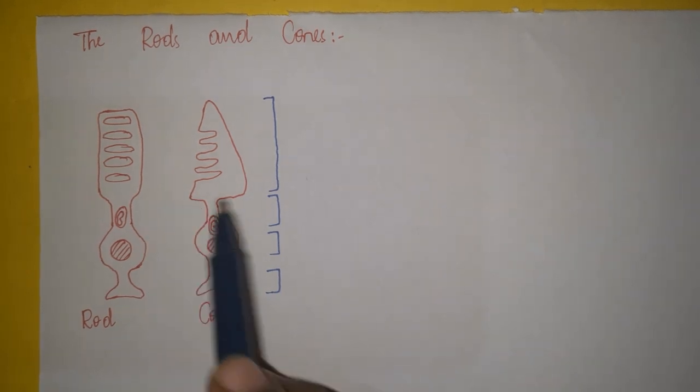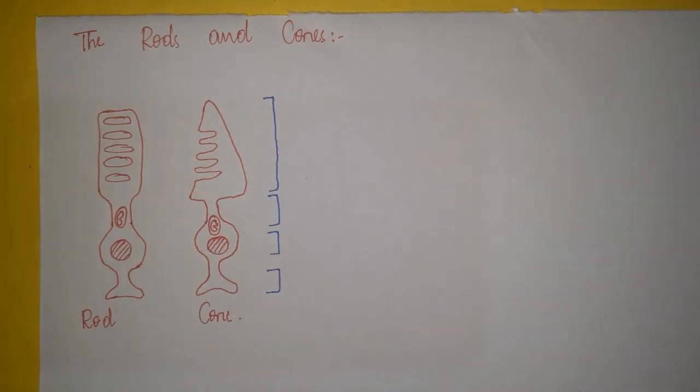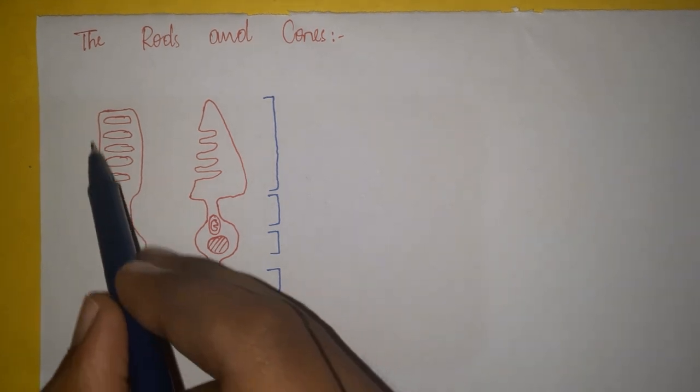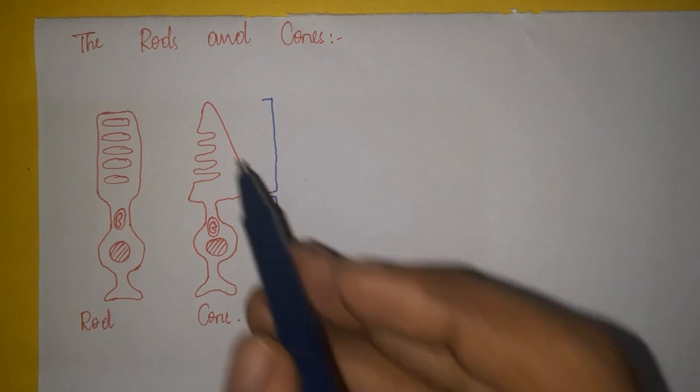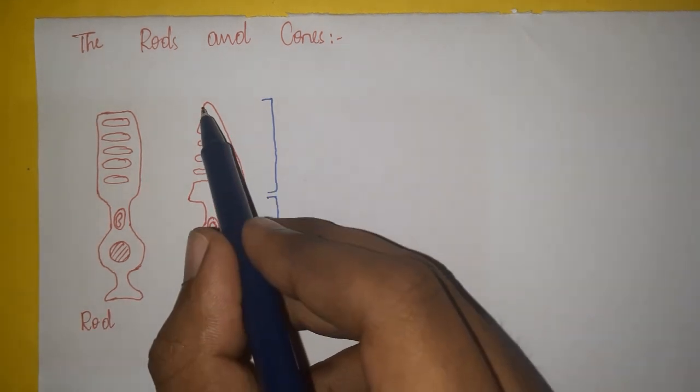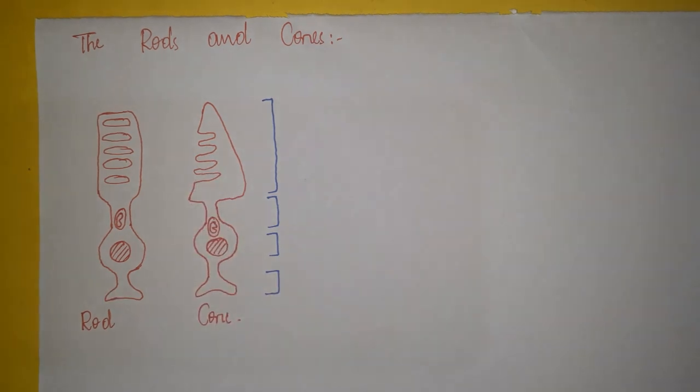The shape of the outer segment decides which cell it is. If it is slender rod shaped, then it is called a rod cell. If the shape of the outer segment is cone shaped, then it is a cone.